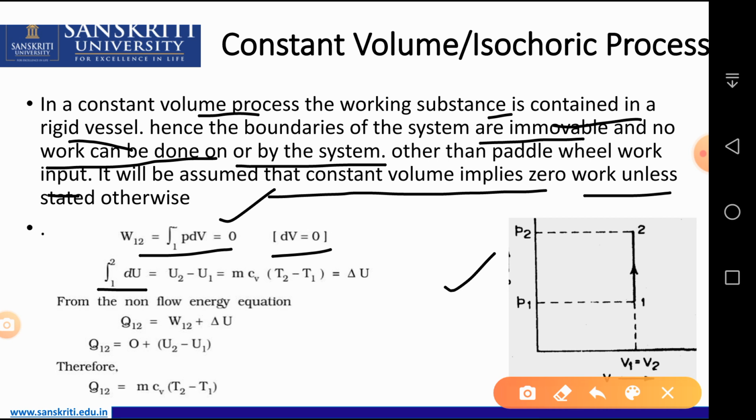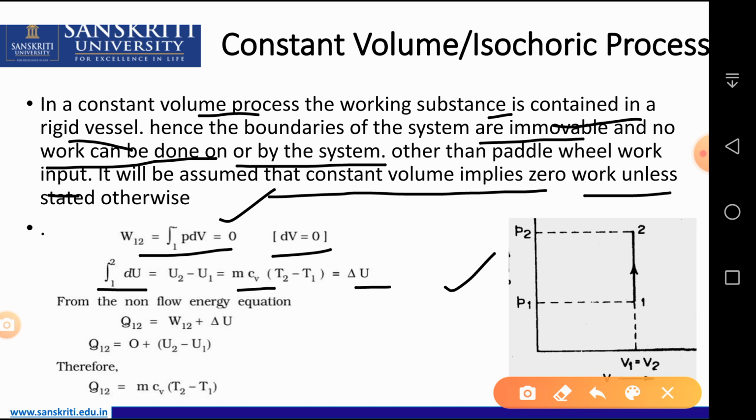We already know about internal energy. Internal energy is a function of temperature, and it also involves the constant volume specific heat, so m c_v (T2 minus T1) equals delta U. If we want to find how much energy is transferred in this type of constant volume process, the heat transferred to the system is just equivalent to this change in internal energy.